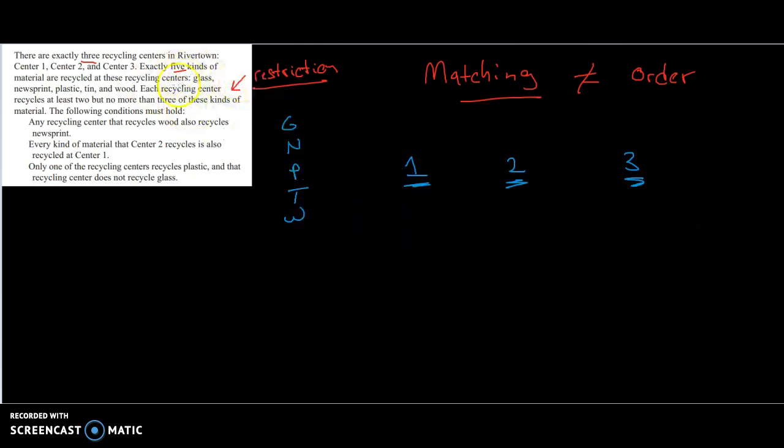But we have a restriction. It says each recycling center recycles at least 2, but no more than 3 of each of these kinds of material. Now, let's think about how this is going to play out. What that's going to indicate is we have to put at least, minimum 2 of these in each of these slots. So what I would do, just me personally, is put space 1, space 2, space 1, space 2, space 1, space 2.